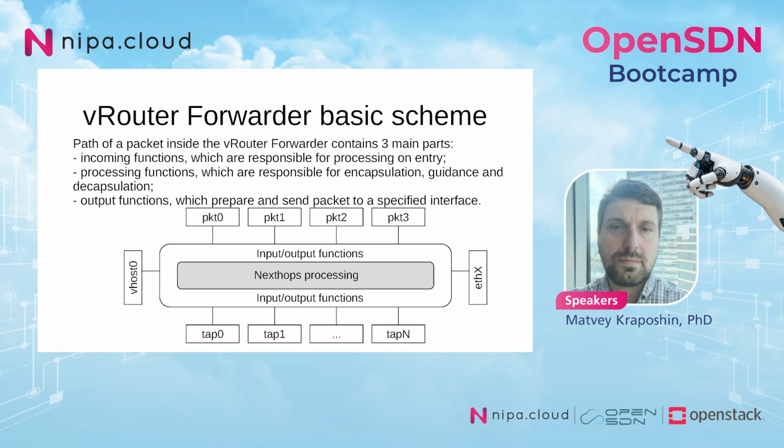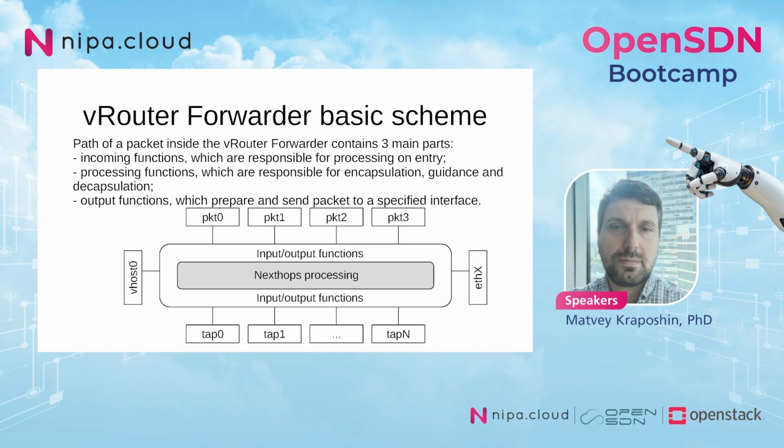Then we have a layer of input and output functions, which decides to which processing functions to send packets arriving at different interfaces. And at its outer layer, we have a set of interfaces, which includes interfaces from PKT0 to PKT3.